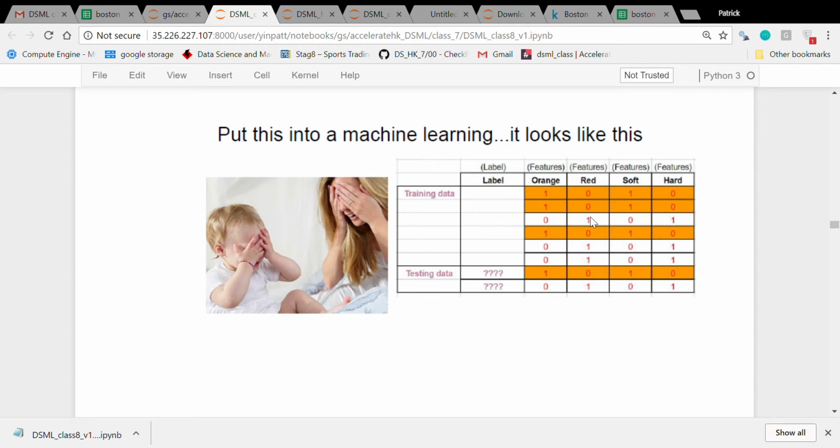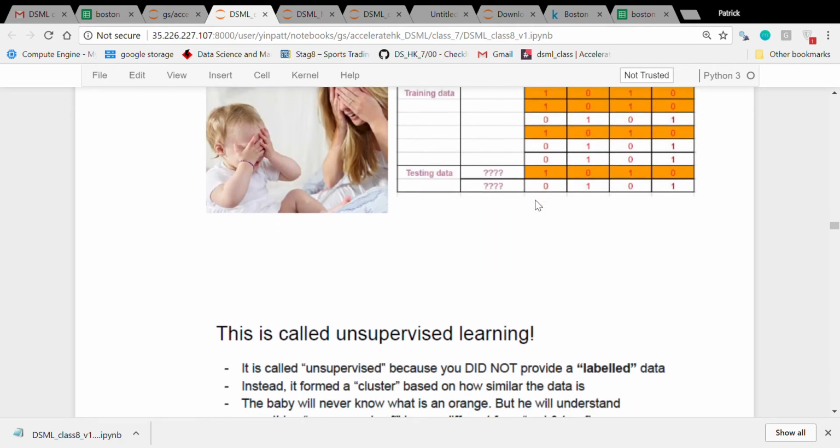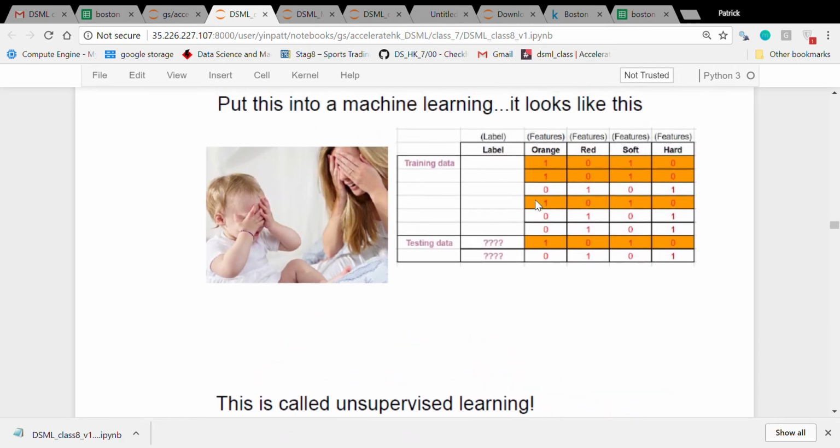So if you compare the white colored rows and the colored rows, these are more similar, and these are more similar to each other. And if you tell the computer there are 2 groups, there's a mathematical formula to find which ones are more similar. So the similarity is what the computer looks for to differentiate the 2 things.